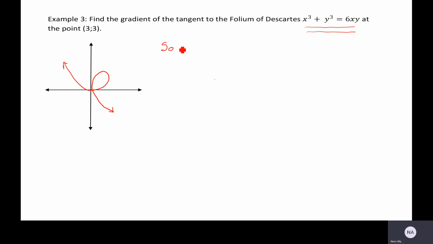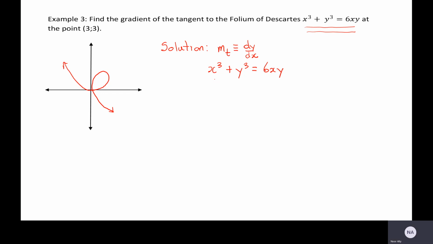Right, the solution. If we want to find the gradient of the tangent line, we have to find the derivative, dy/dx. So I want to differentiate the equation x cubed plus y cubed equal to 6xy.